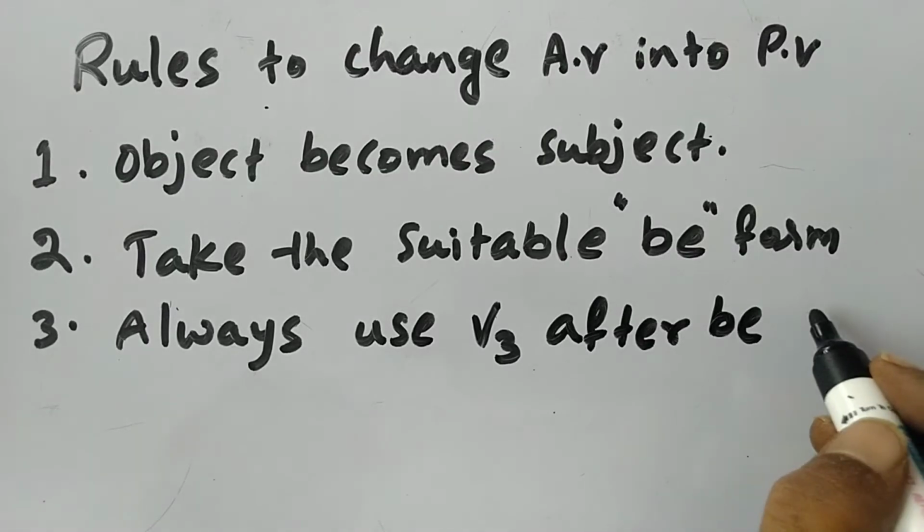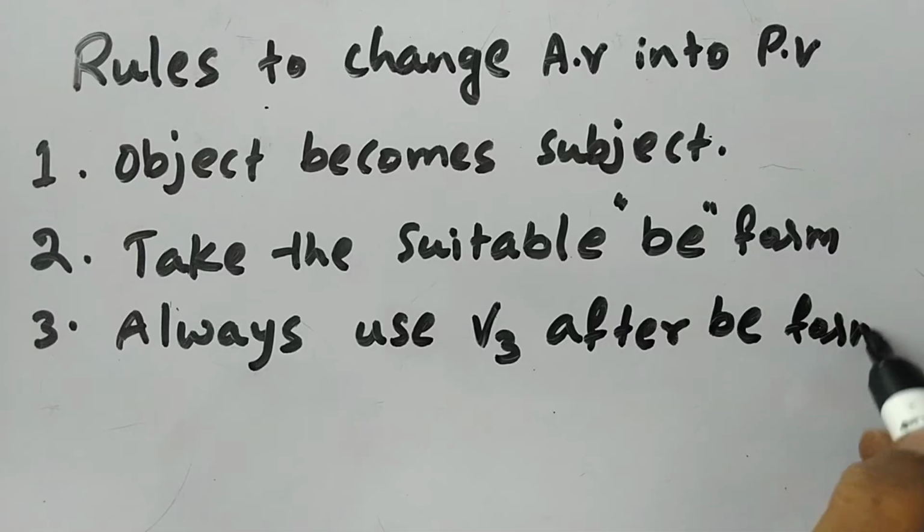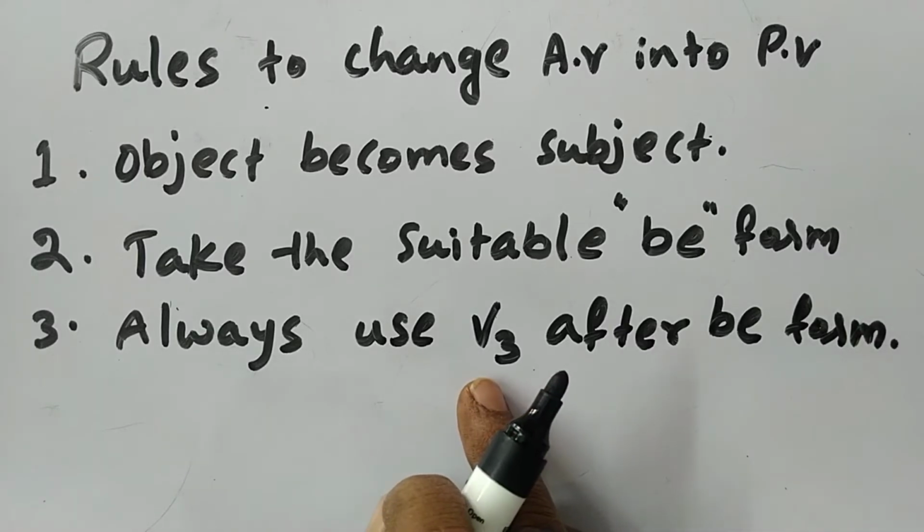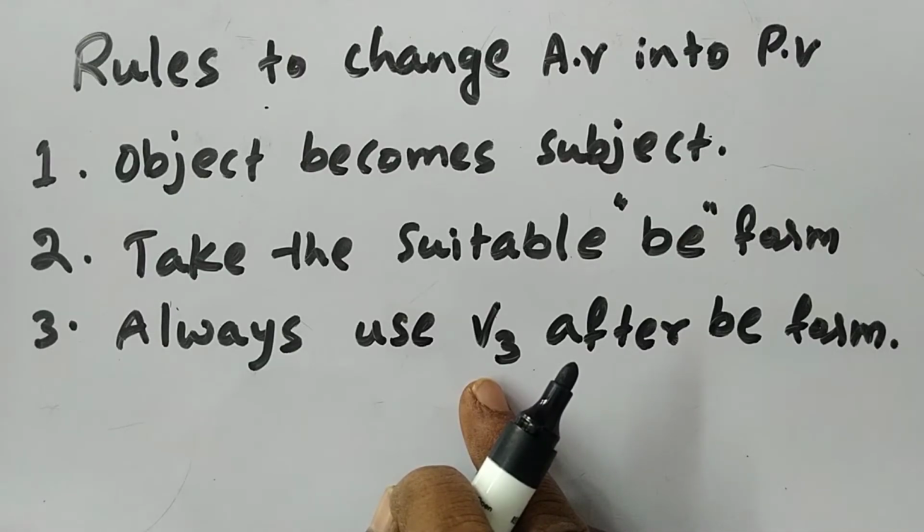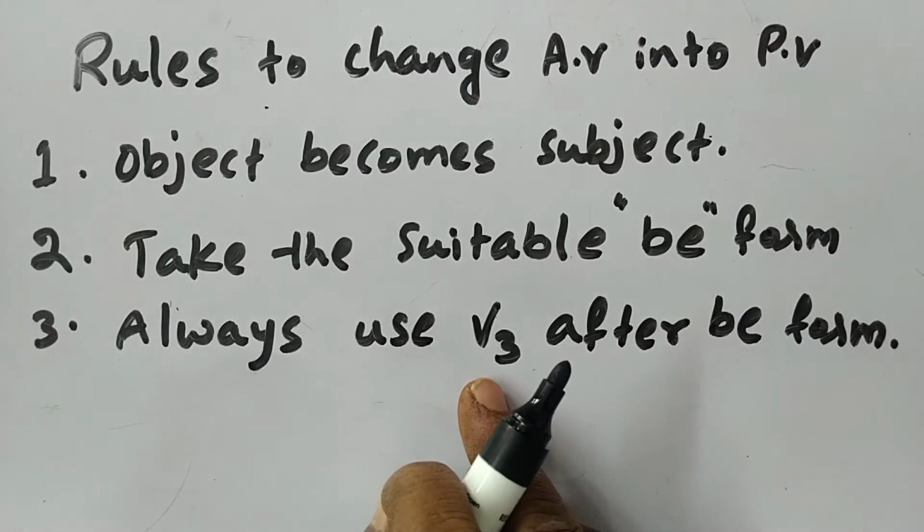The third form of verb is called V3. So always we have to use the verb third form in the passive voice after the be form.